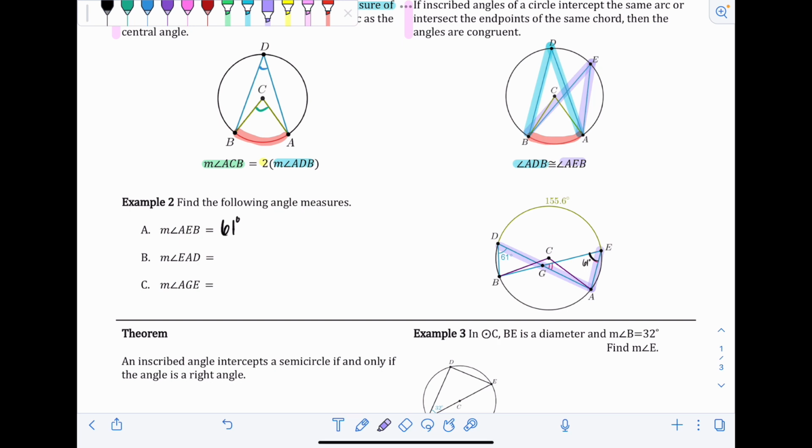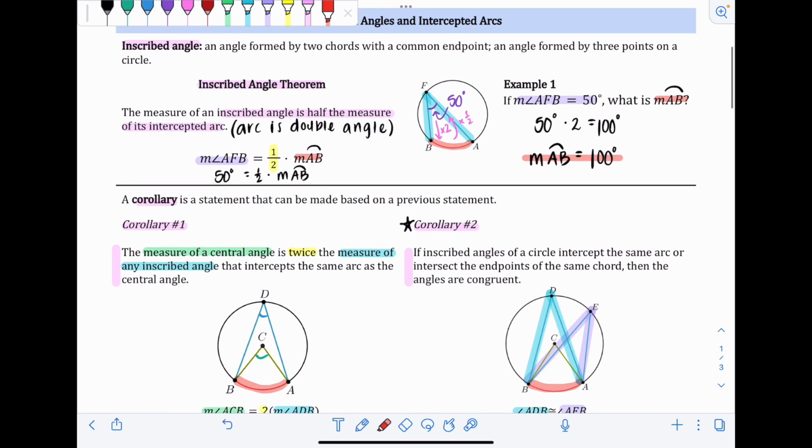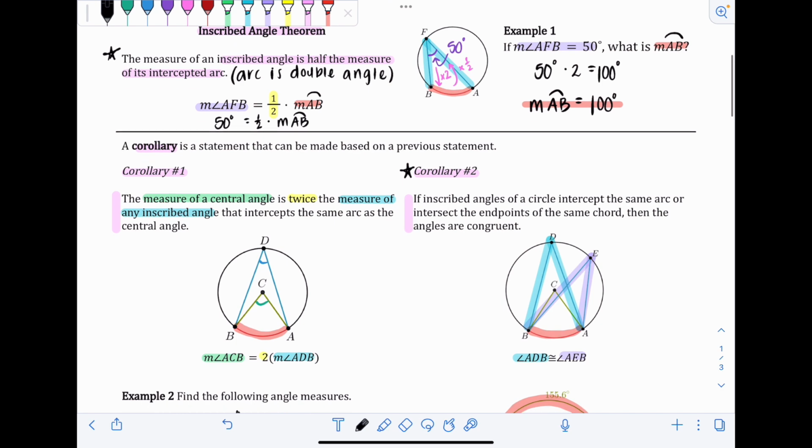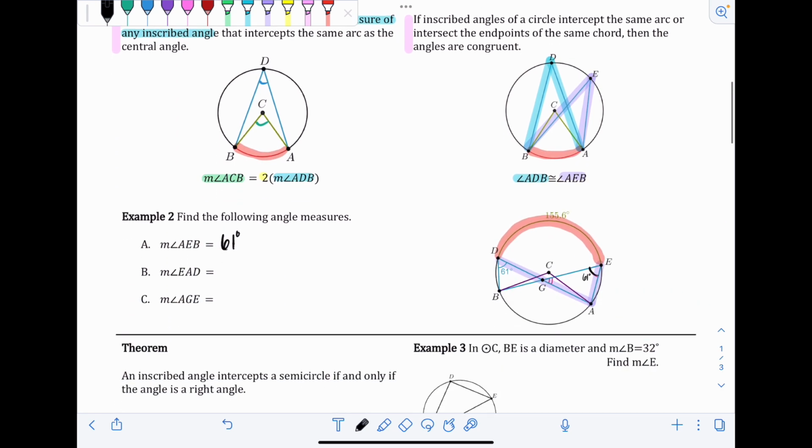So angle EAD opens up to arc DE. We're going to go way back up to the theorem for that one, all the way up here. It says the measure of an inscribed angle is half the measure of its intercepted arc. In this case, we have an inscribed angle, EAD, and its intercepted arc, which is DE. So it's going to be half of that arc.